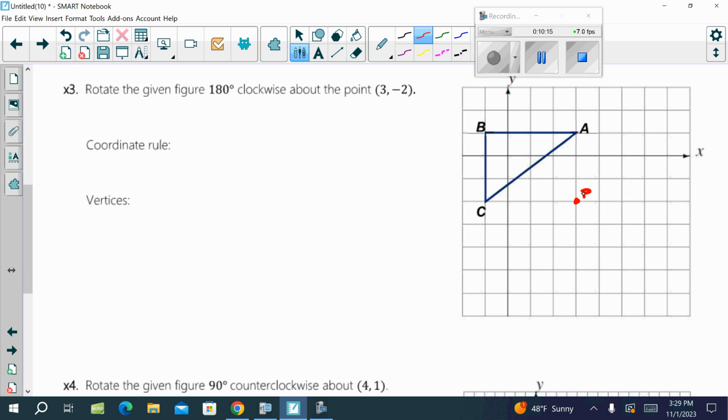Once you get all that traced, a direct 180 would mean that if you trace this correctly, this x, whenever you rotate it, is going to be over here, correct? It's going to be opposite of it and match up with the x-axis on the other side.